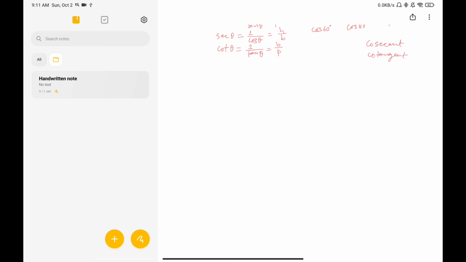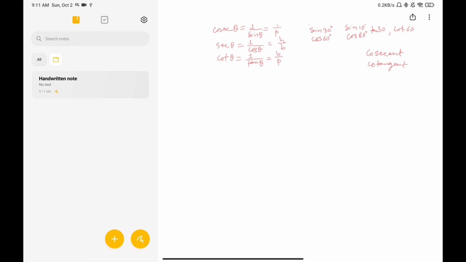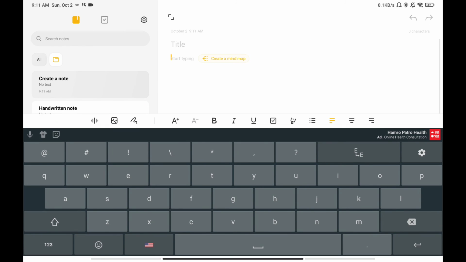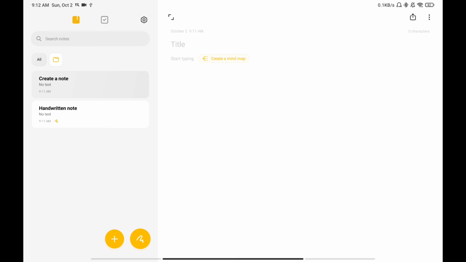Now let's consider the Pythagorean relation, that is p square plus b square is equal to h square.